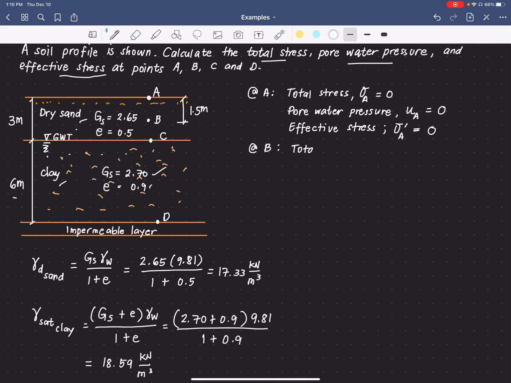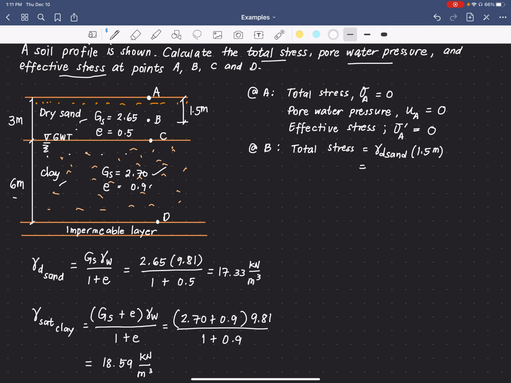The total stress would be equivalent to the dry unit weight of sand, since our soil is sand at that layer, multiplied by the thickness of the sand, which at point B is 1.5 meters.